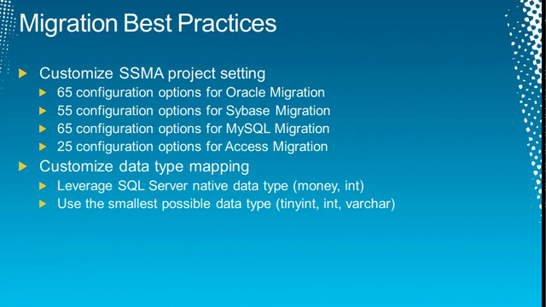When SSMA converts one column or variable to another, it plays it safe and tries to pick a range that minimizes the possibility of value loss. But sometimes it picks something that's too large. If you know your data and you know that it's not exceeding a certain number of characters for your varchar, for example, then you can set the appropriate size for your type mapping.